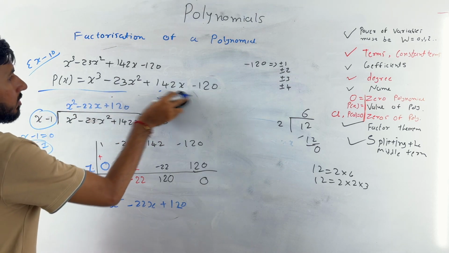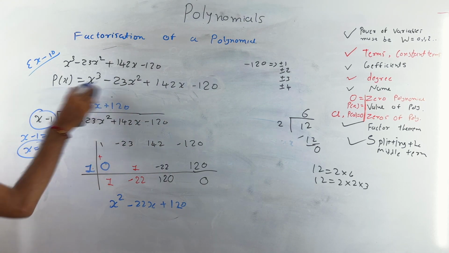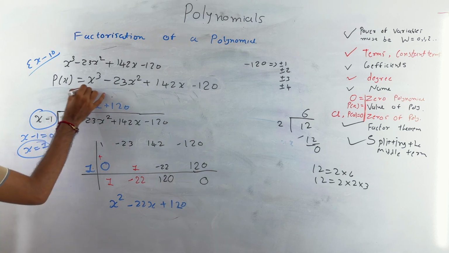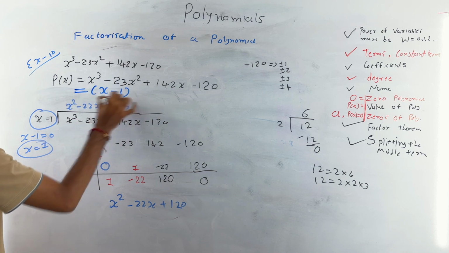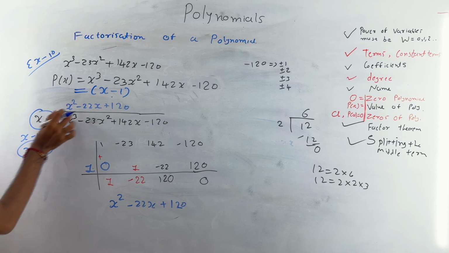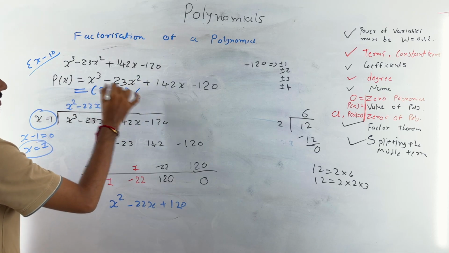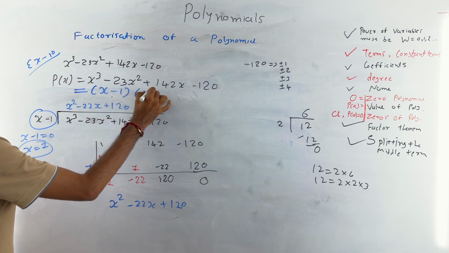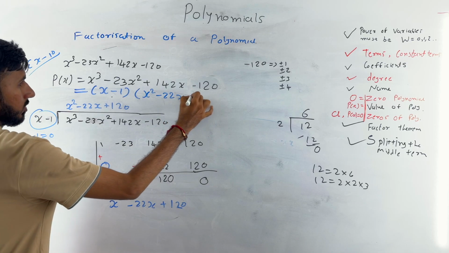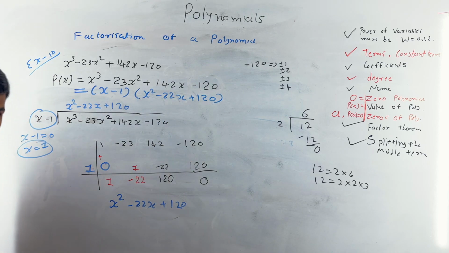Let me write it here only. I have p of x is equal to this. Now I got the first factor as x minus 1, right? So I can write x minus 1 multiplied by x square minus 22x plus 120 equal to the cubic polynomial, right?